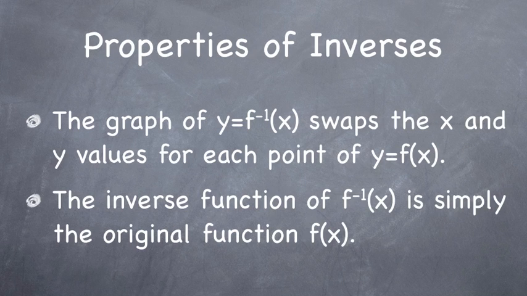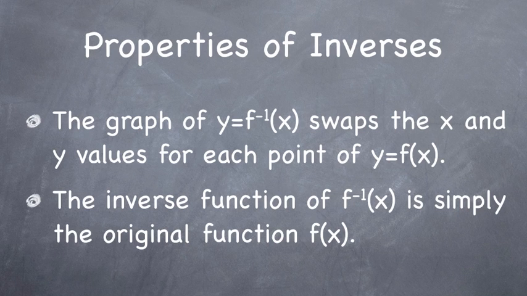Now if we compare the graph of the original function and the graph of the inverse, what we will notice is that for each point on the original function, the x and y values swap places. So if we had the point (3, 2) on the original function, we're going to now have the point (2, 3) on the inverse. The x's and the y's switch places for every single point on the graph.